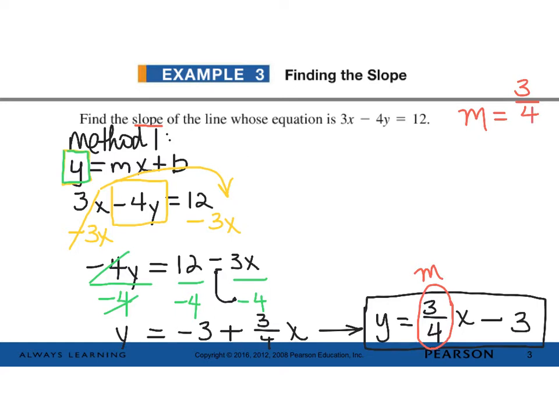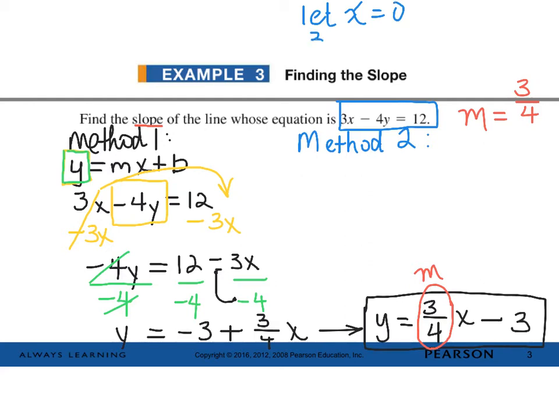Now, method 2. We know that slope is the difference of 2 points. We need to find 2 points on this equation. The easiest way to find 2 points on that equation is, first of all, let x equal 0.